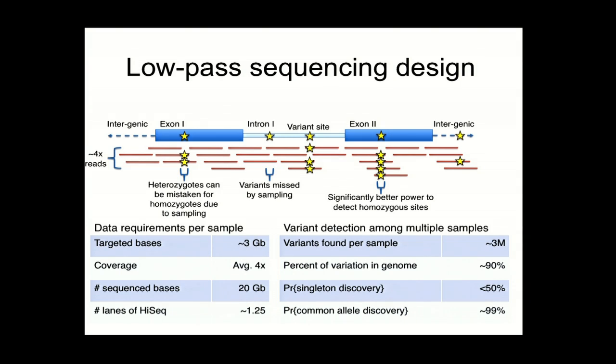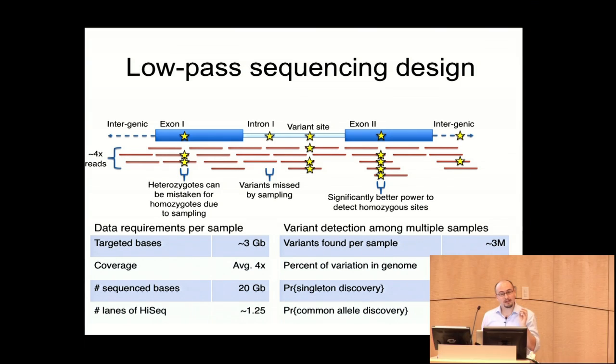I stand a pretty good chance for a heterozygote at 4x coverage to just never see the alternate allele. I mean, the chance of not seeing any reads from a heterozygote at 4x coverage is like 25 or 30%, something like that. So you stand a very good chance of missing it entirely. So if you're looking for rare singletons or really rare variants, this is a very bad design for you.